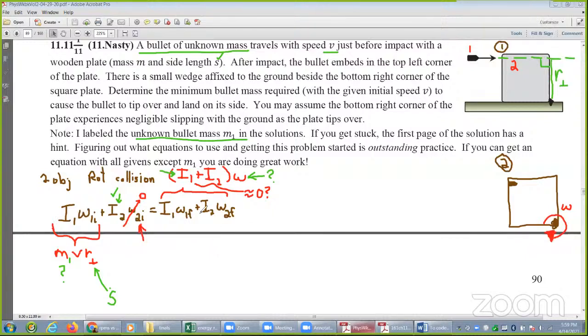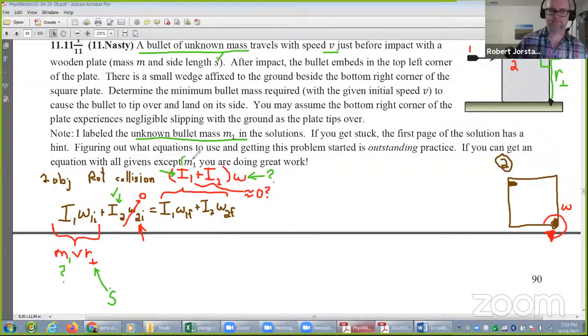No, we don't know M1. M1 is a part of that. So it looks like we know it, but we don't, because M1 is the unknown that's on both sides of the equation. So pretty much we have two things we don't know here. If you wrote this out very carefully, there are two things that we don't know: omega and M1. And we're trying to figure out M1.